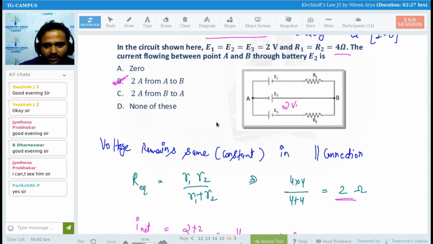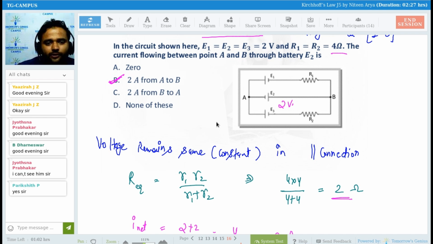The first thing is this. Why is it so? Because I need to find the current in between A and B, right? In this question, from here the current starts, and as you can see, positive is connected with negative.